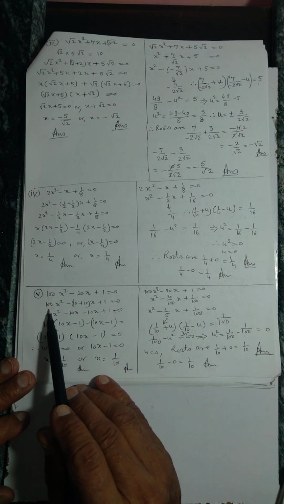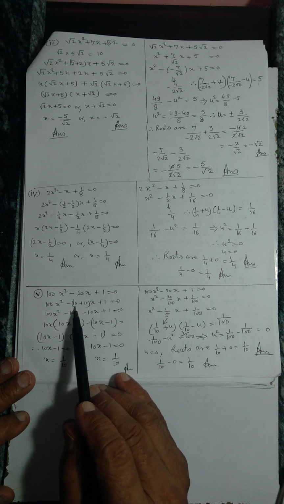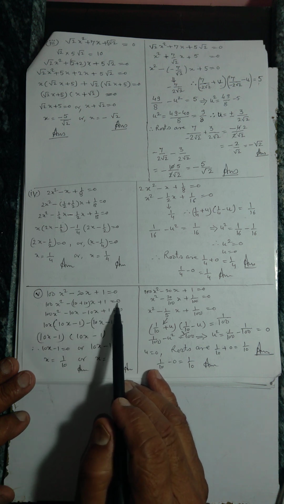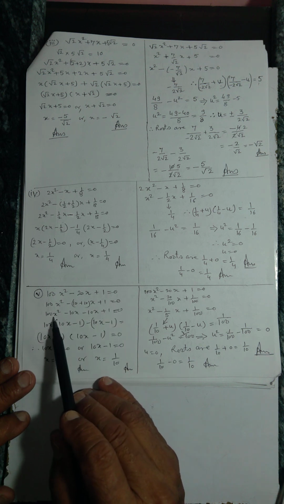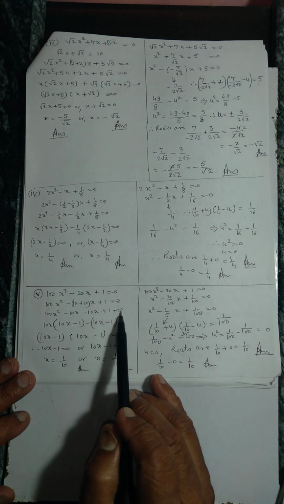So here now you see 100x square minus, inside the bracket I have written 10 plus 10, that is 20, and 10 into 10, that is 100, plus 1 equal to 0. So 100x square minus 10x minus 10x plus 1 equal to 0.